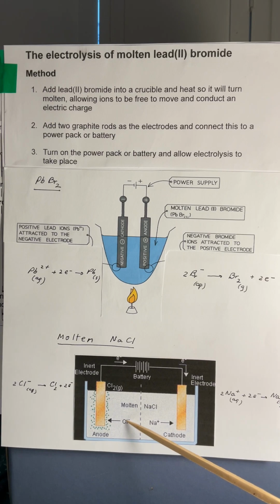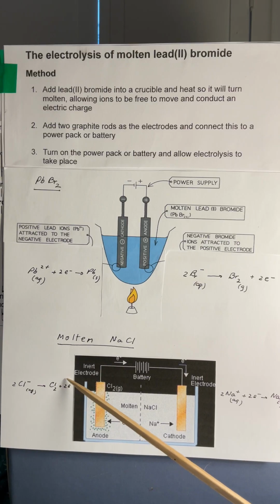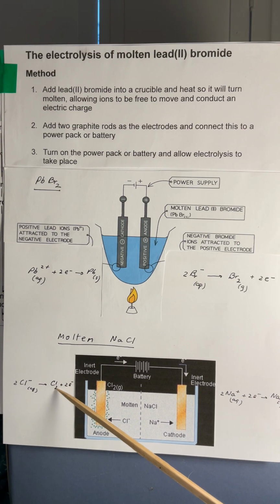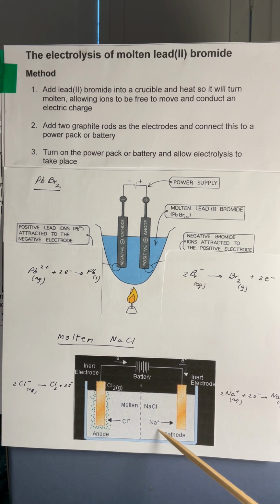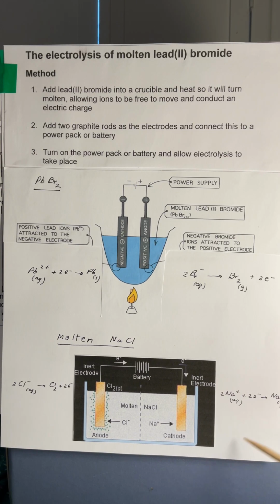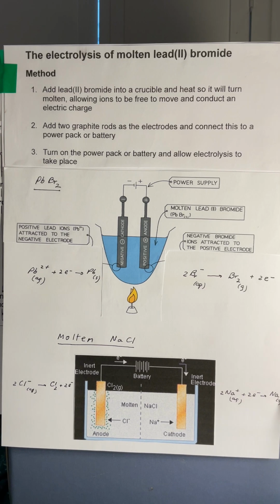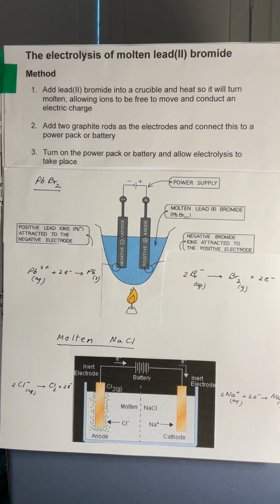The negative chloride will go to the positive electrode, will discharge its electrons, turn into chlorine gas, while the sodium positive will go to the cathode, take electrons, and form sodium solid, which is actually seen as how reactive sodium is, the only way to prepare it, because there is nothing else for it to react with, and so it will be deposited as sodium metal.